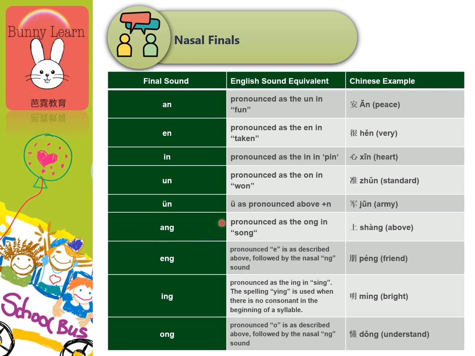Ang. This is pronounced as ong in song. Chinese example 上, shàng. Eng. This is pronounced with an e followed by a nasal sound.